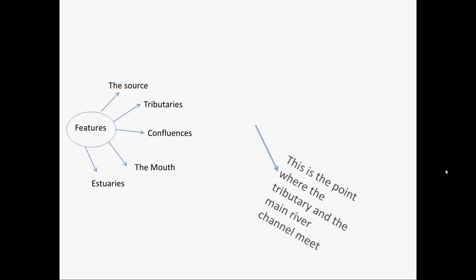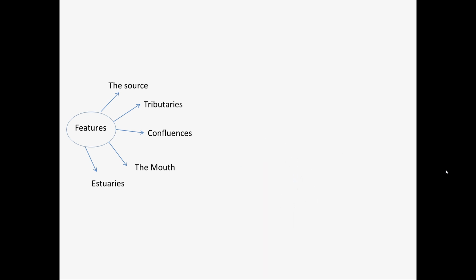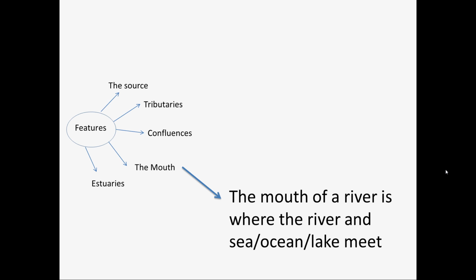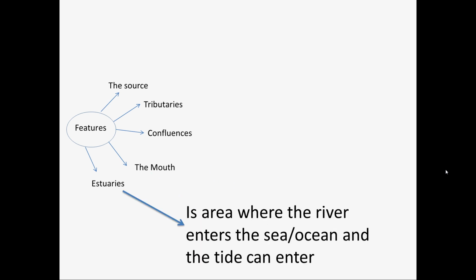Confluences, this is the point where the tributary and the main river channel meet. Normally a lot of flooding here, so it's normally quite a problem. The mouth of the river is where the river and the sea or ocean or lake meet. And estuaries is the area where the river enters the sea and the tide can enter, so there's a mixing of normal water from the river and salt water from the sea.